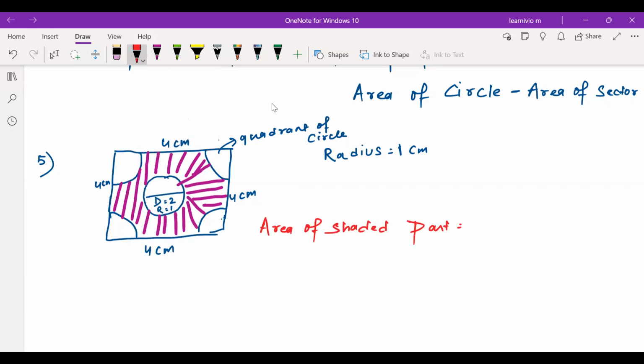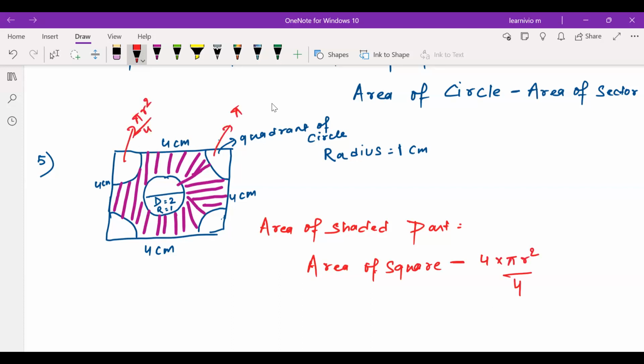is equal to the area of the square minus the total area of all 4 quadrants of circles. So 4 times the quadrant of a circle's area. It is one fourth part of a circle, so the formula for one corner will be pi r square over 4.